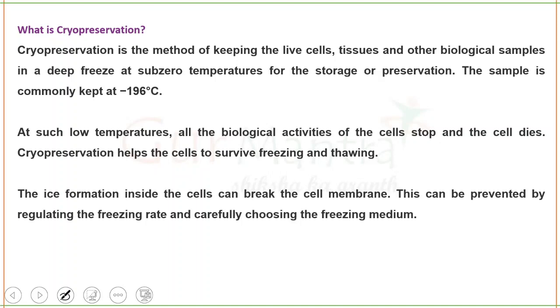Cryopreservation is the method of keeping live cells or tissues or any other biological sample in a deep freeze at sub-zero temperature. Sub-zero means below 0 degrees Celsius, for storage or preservation. The sample is commonly kept at minus 196 degrees Celsius in liquid nitrogen.